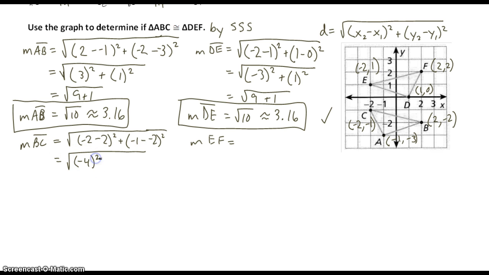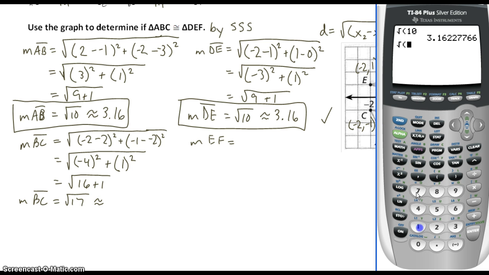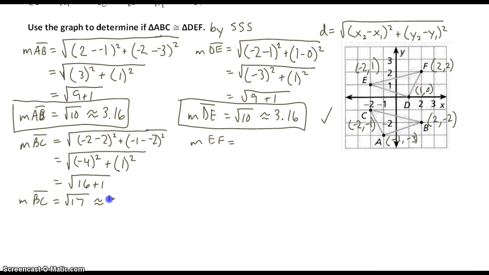Negative 4 squared plus 1 squared. Negative 4 squared is positive 16. 1 squared is 1. So the measure of BC is equal to the square root of 17, which is approximately 4.12.